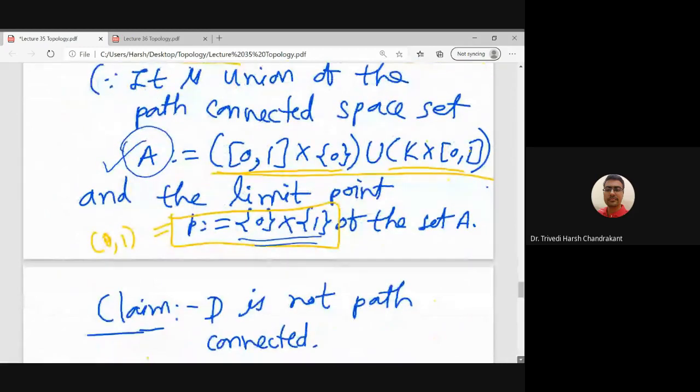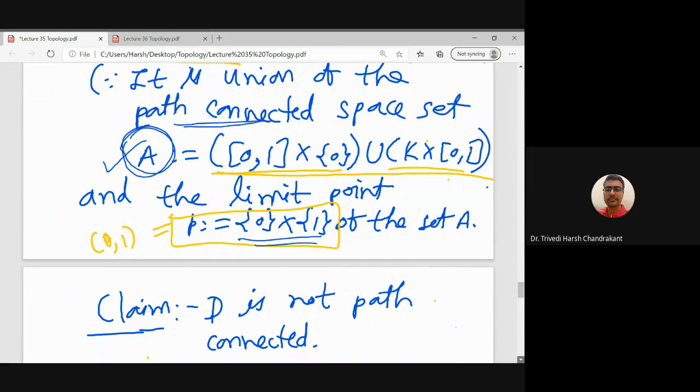Therefore we can apply the result: if A is this set, then A union P is in between A and A closure, because P is a limit point. So A union singleton P is also connected, because A is a connected set. Why is A connected? Because A is a path connected space.